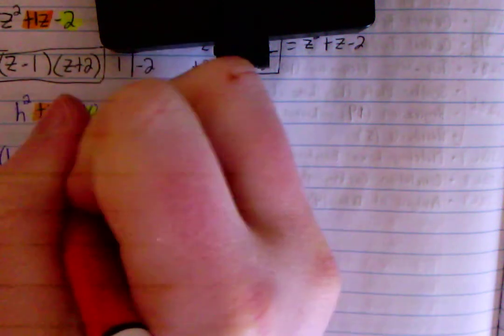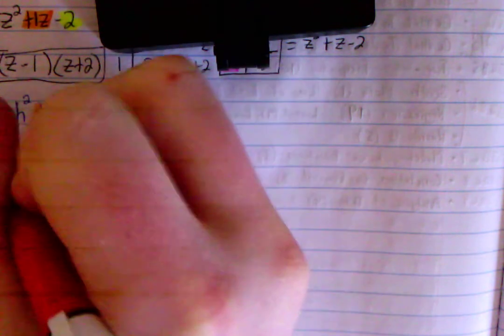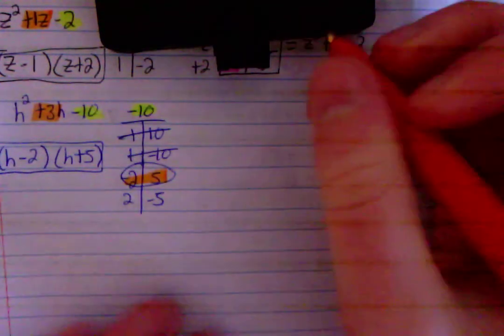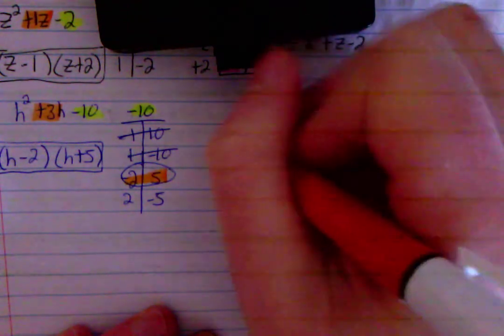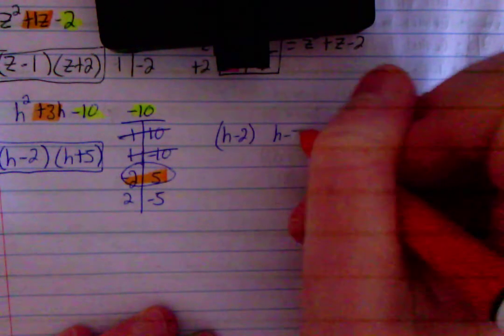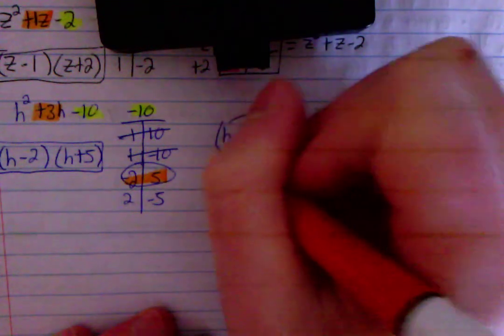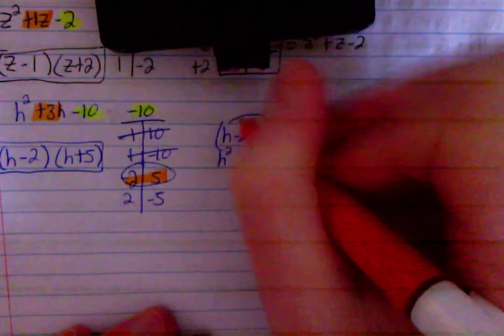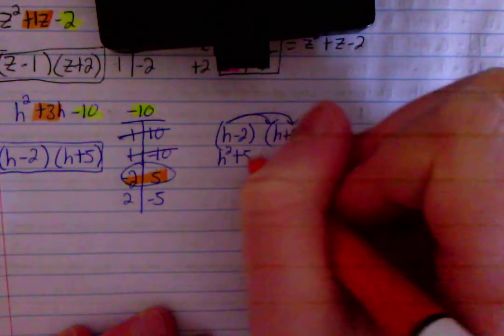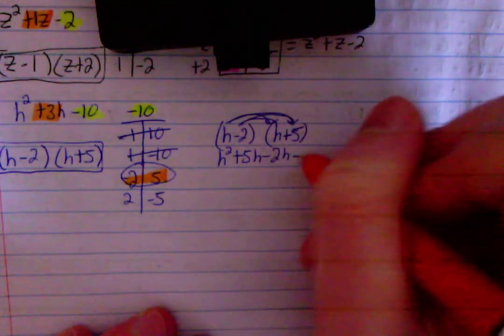I draw my parentheses. I have a negative 2, and I have a positive 5. Let's check my answer. We'll use double distribution. So I have h minus 2, h plus 5. h times h is h squared, h times positive 5 is plus 5h, negative 2 times h is negative 2h, negative 2 times 5 is negative 10.